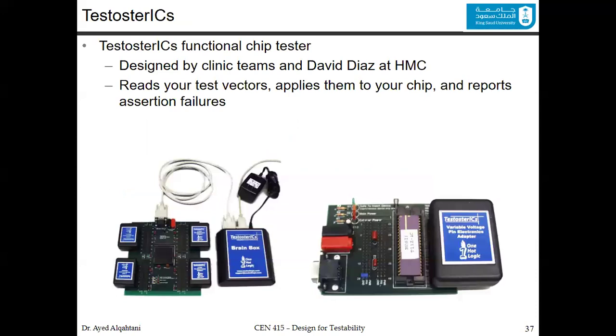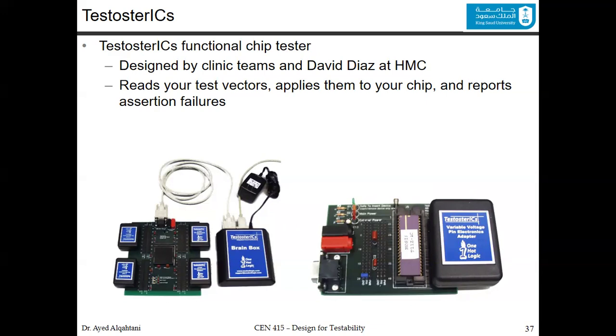There are ICs that can help you do all of this. They're called tester ICs, and these are some examples for them. This one can test 4 chips together at once, and here you can test only one. And there are many examples.